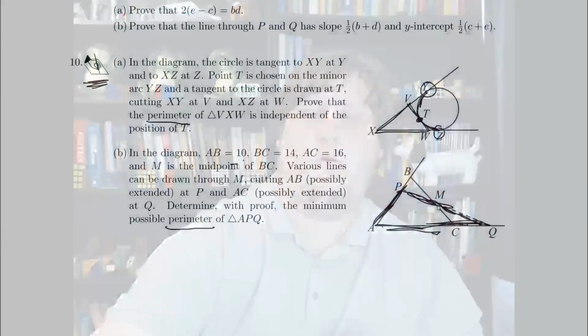So the question is, do we have 10A and 10B because they're both geometry themed and they're both asking about perimeter? Or, as we investigate B, is our answer in A going to come into it at all? And I'm not entirely convinced that it is. I don't see an obvious way to add a circle into our diagram in B part here.